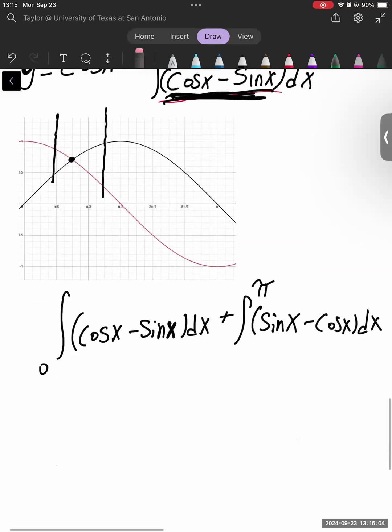But this is the general setup, and you just need to solve for this one, this one and this one. What I was getting at is that we would need to split up our integral because we have a point of intersection here, and then the top minus bottom actually flips. Make sense?